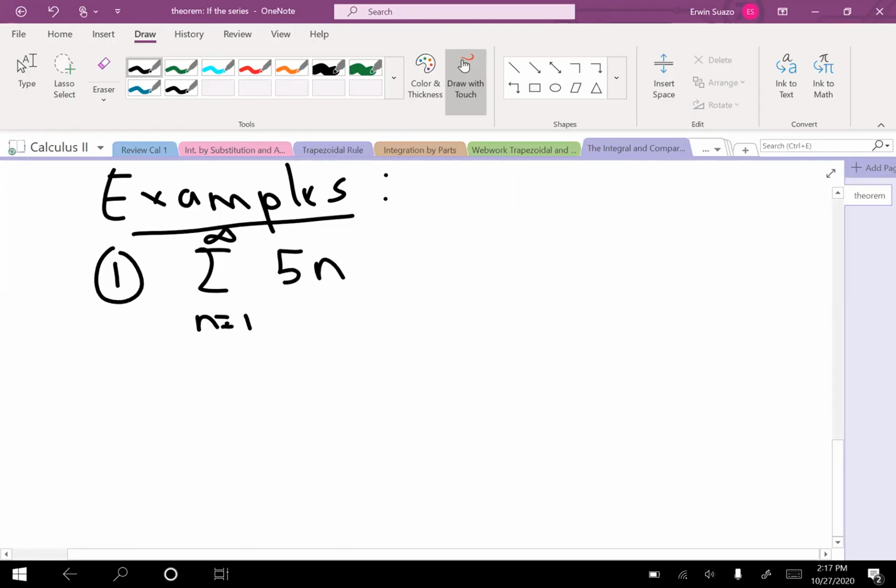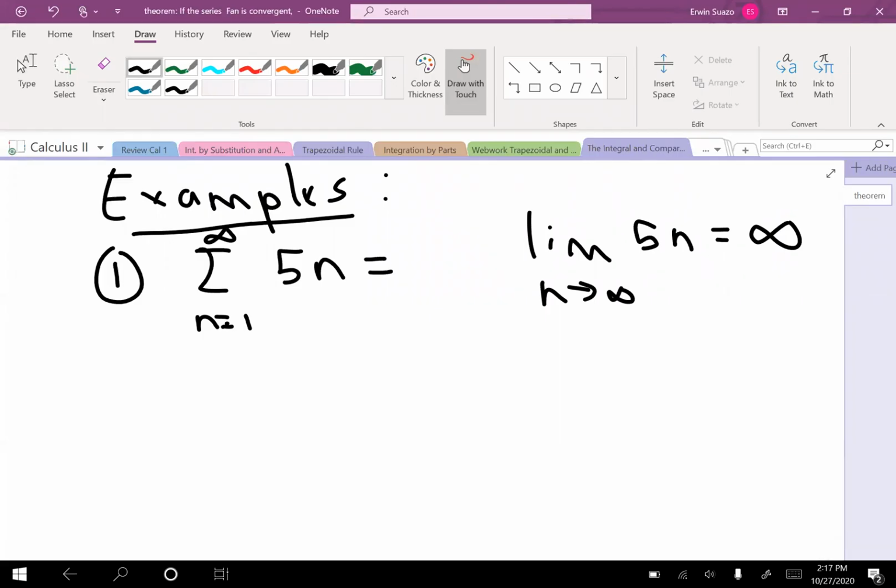This is a series. What is the limit of 5n when n goes to infinity? What do you guys say? Infinity. So the limit of the sequence is divergent. Therefore, this series is divergent by the divergence test.